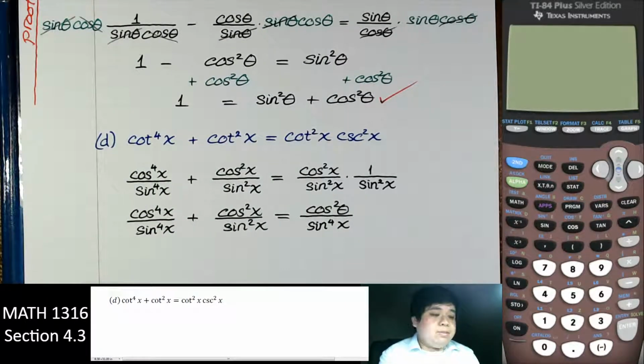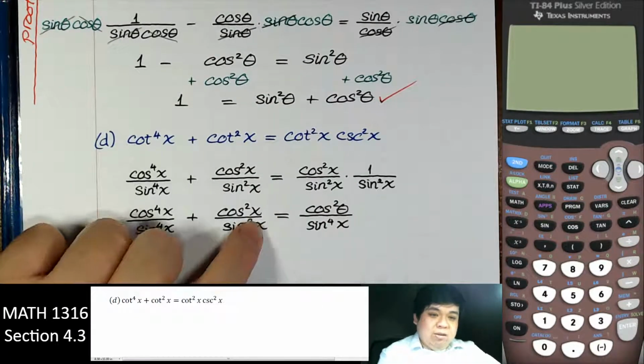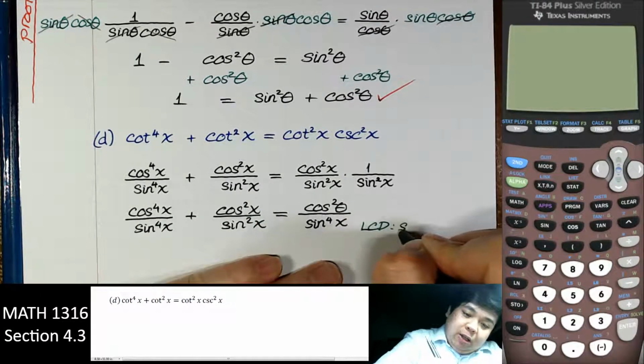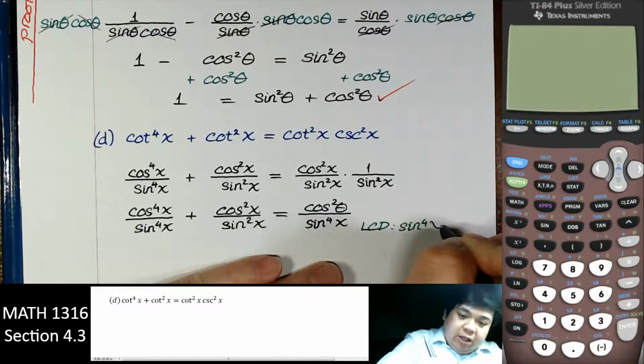Alright. Of course there might be a different way to do this, but that's what we have. Now, to eliminate the fractions, of course, multiply everything by the least common denominator, sine to the fourth x.